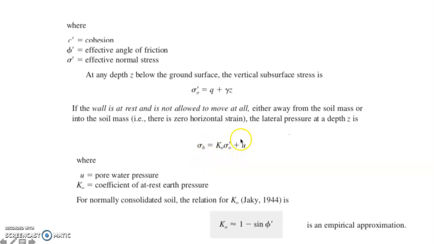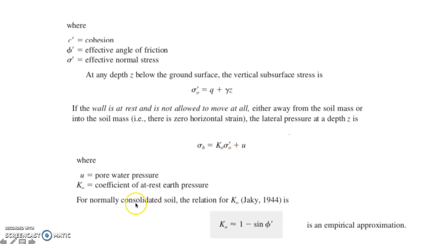If there is no presence of water, our horizontal force would be K naught, the coefficient of at rest lateral earth pressure, times the vertical stress that you have computed. If there is a presence of water, there would be plus pore water pressure. But if there is no pore water pressure, it is only the formula K naught times the vertical stress.